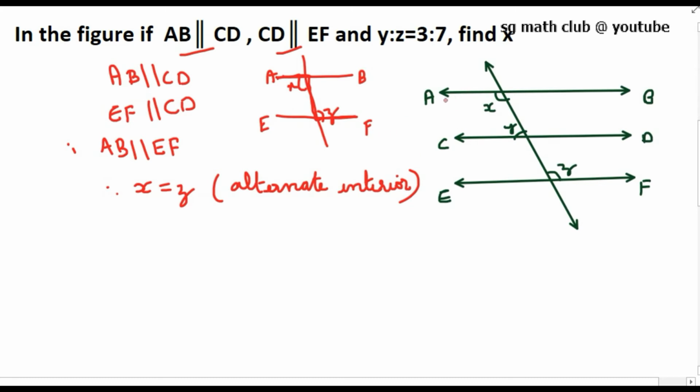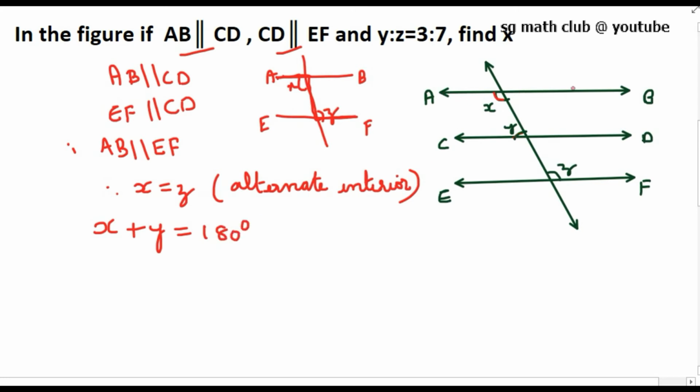Now, if you consider the parallel lines AB and CD, x and y are co-interior angles, and we can say that interior angles on the same side of the transversal are supplementary. So x plus y equal to 180 degree.